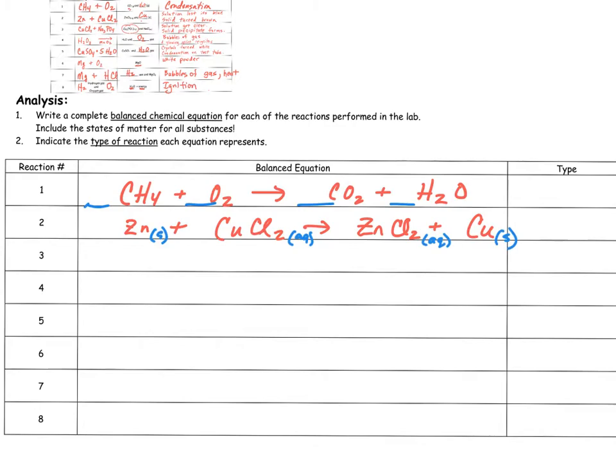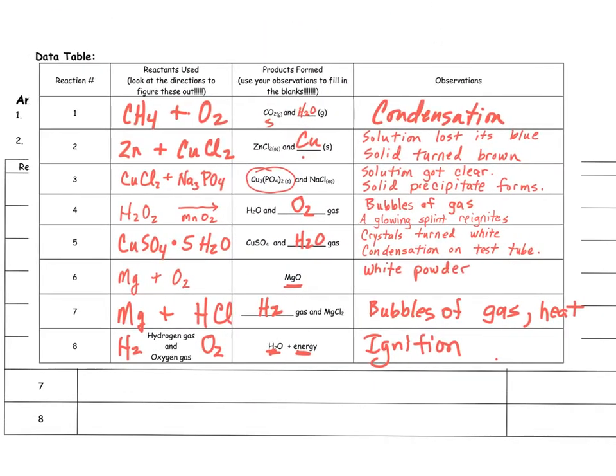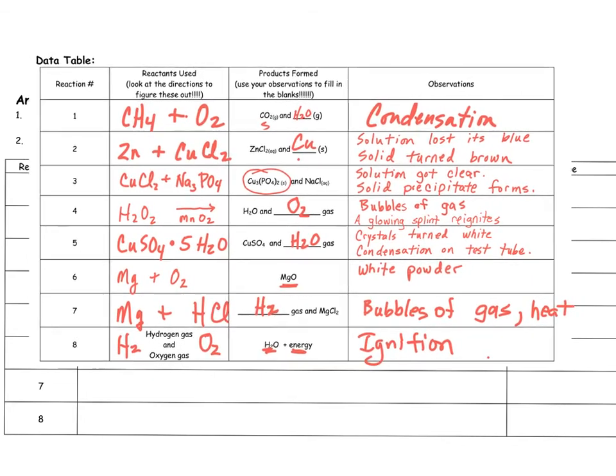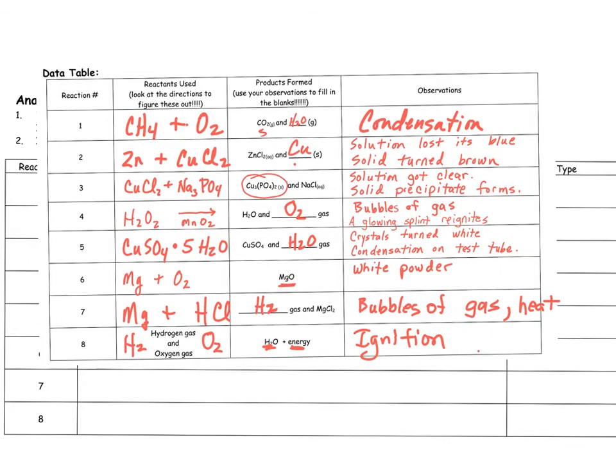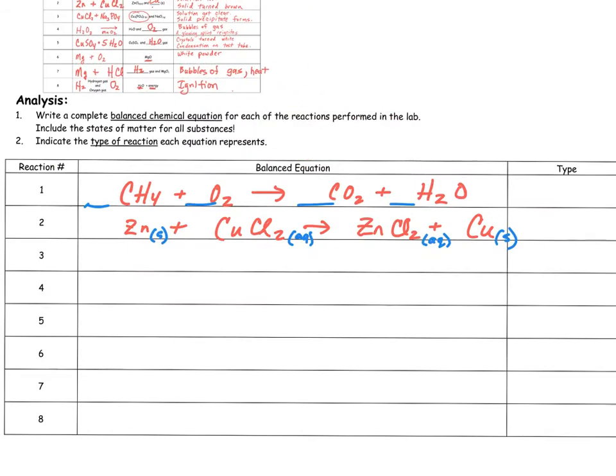All right. Reaction number 3. Copper chloride and sodium phosphate yields copper phosphate and sodium chloride. That reaction will look like this.